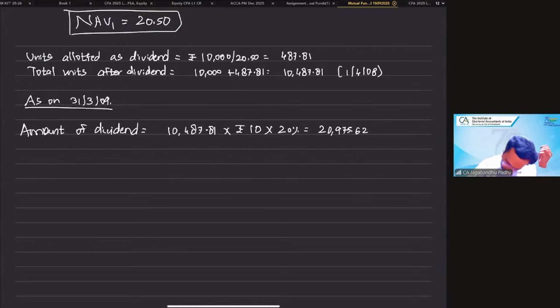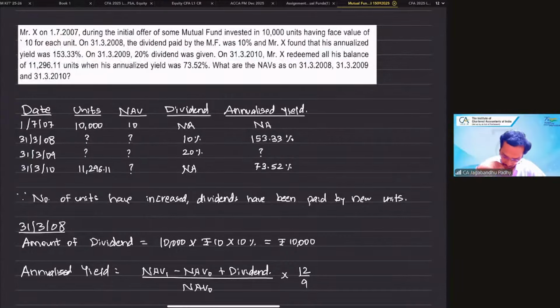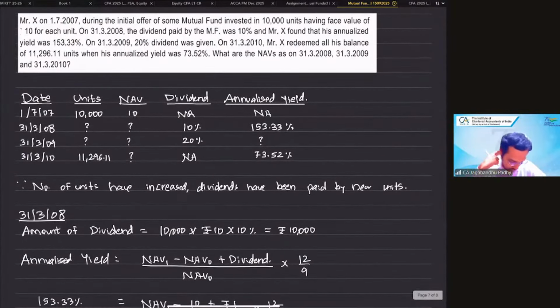Then what will be the NAV of that? For that, we have seen that the units as on 31st March 2010 are 11,296. This is the number of units that you have after payment of this dividend, because after this there is no dividend payout. So whatever units we have over here will be the result of this final dividend.